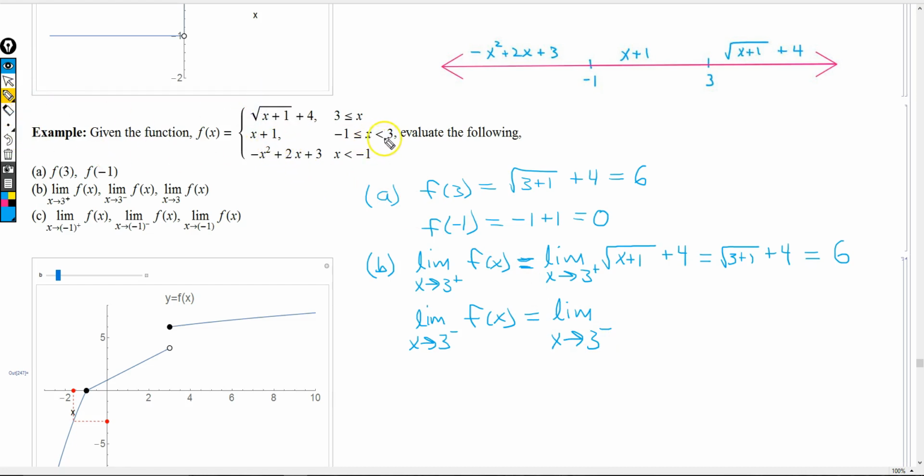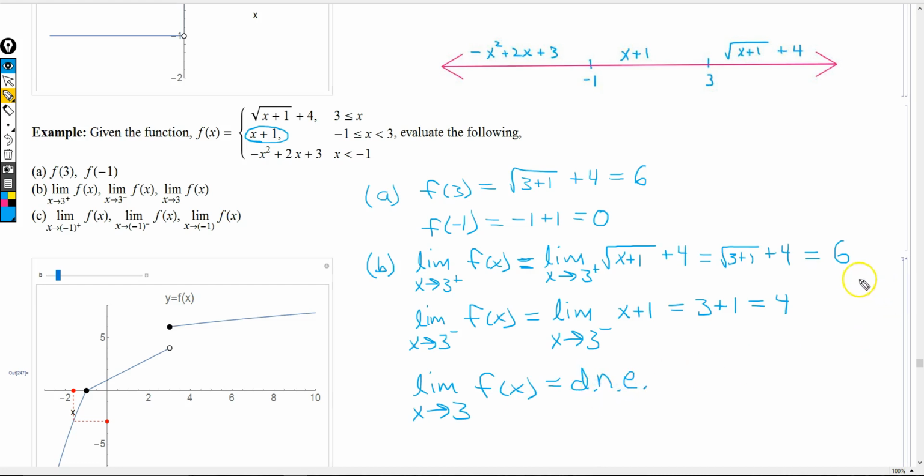For x a little smaller than 3, we want to use this piece of the function. So that's going to be x plus 1. Since this is a nice well-behaved function, I can just plug the 3 in for that x, and I get back 4.